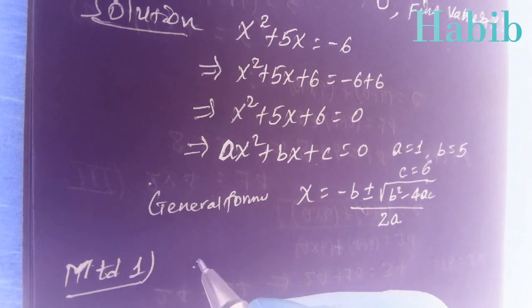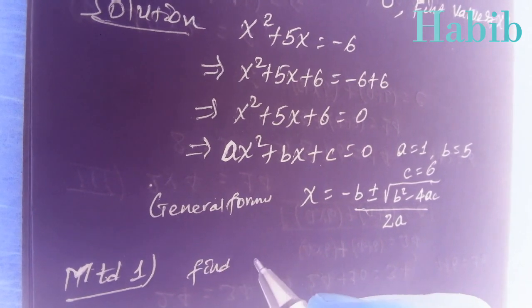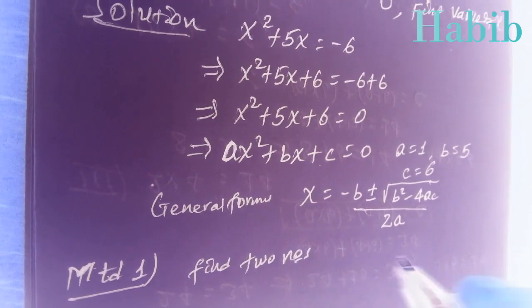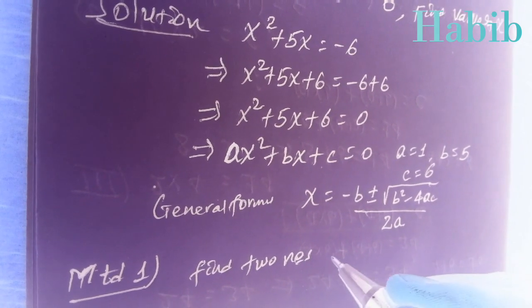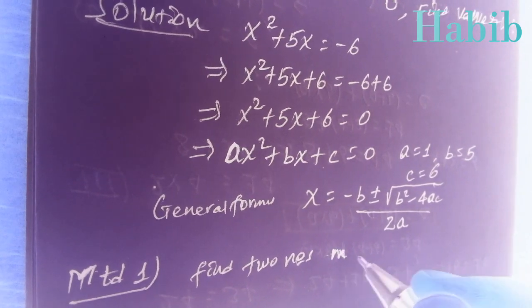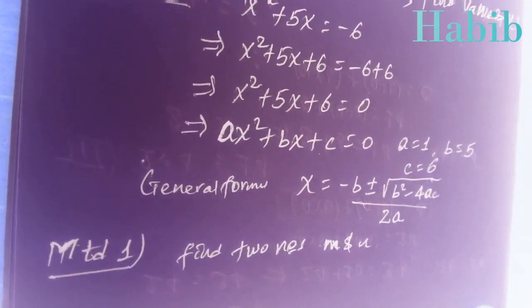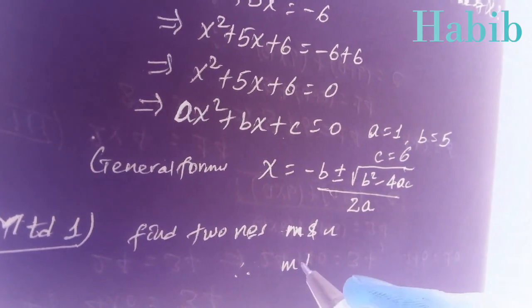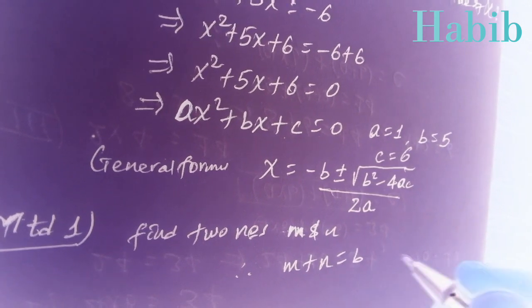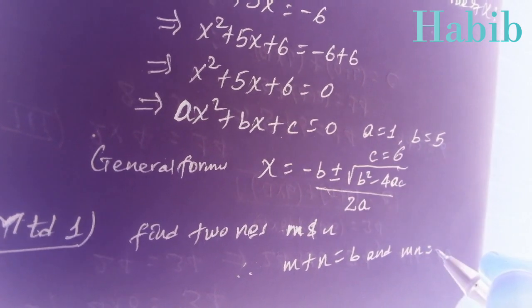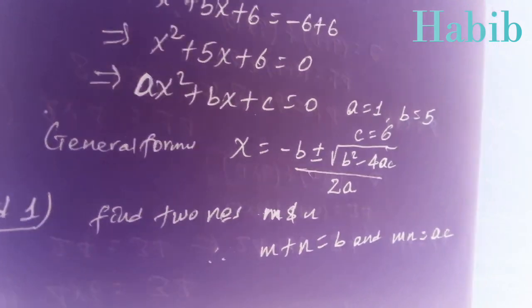That method is that first we find two numbers, let's say m and n, whose sum is b and whose product is ac, a times c.